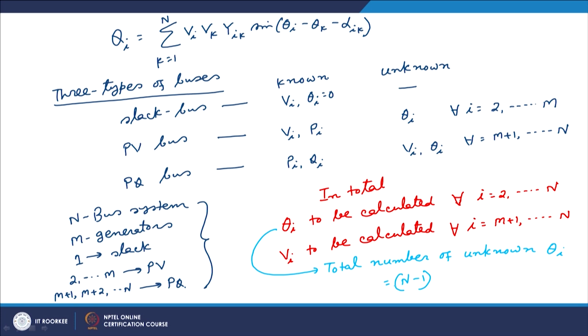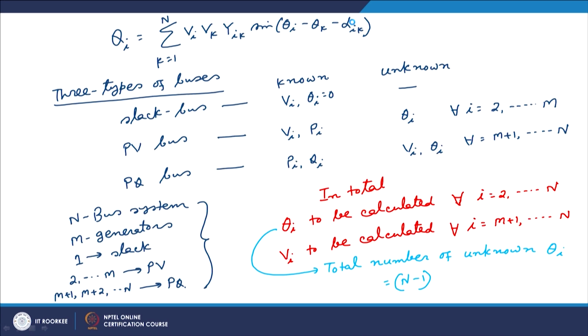Similarly, the total number of unknown V i would be n minus m.